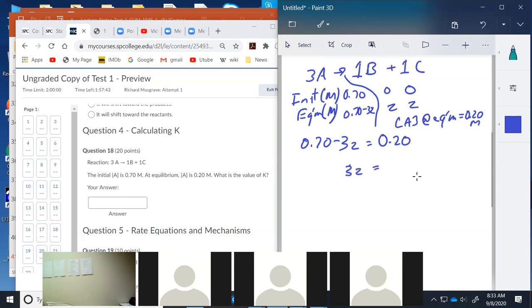Now 3Z equals 0.50. So Z equals, it would be 0.17.